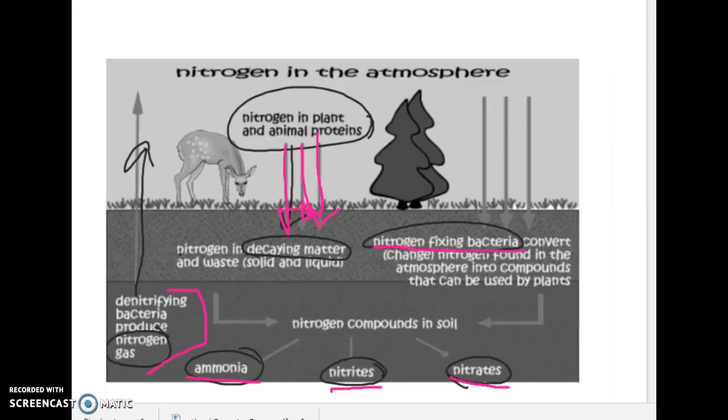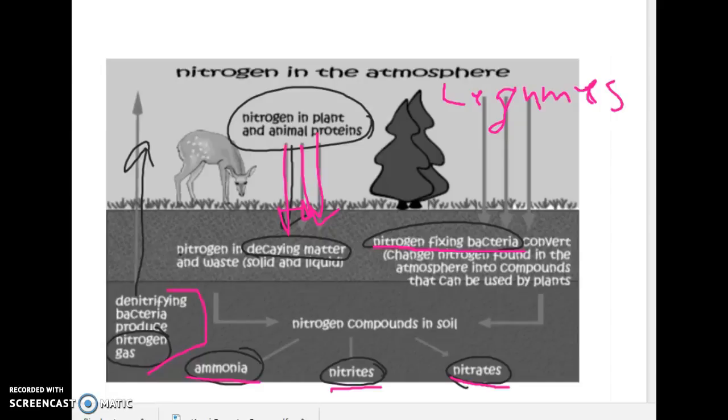One of the things in our world that's really, really good at converting nitrogen into a usable form are nitrogen-fixing bacteria that live on the roots of a group of plants called legumes. And some of you probably know legumes are things like beans, peas, alfalfa is a legume, clover is a legume.